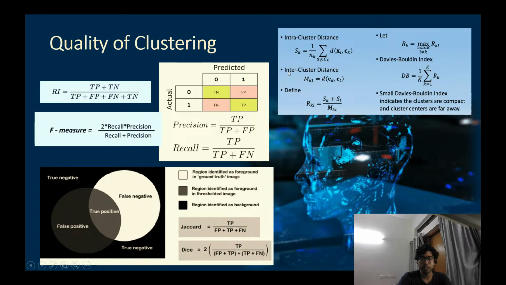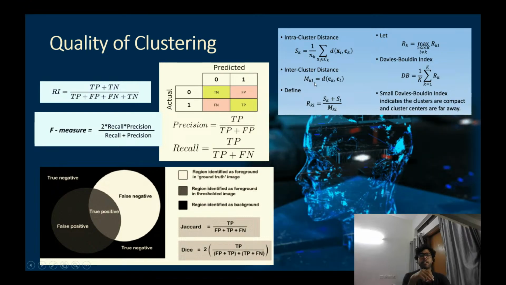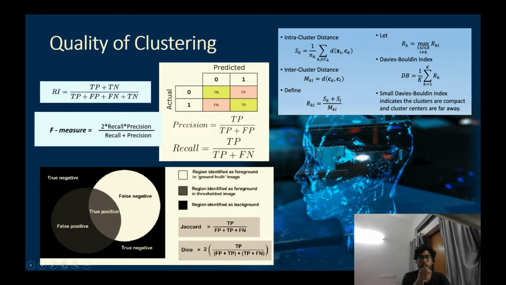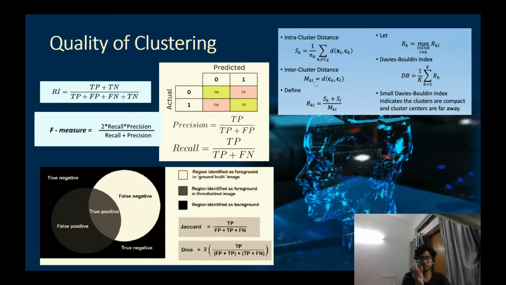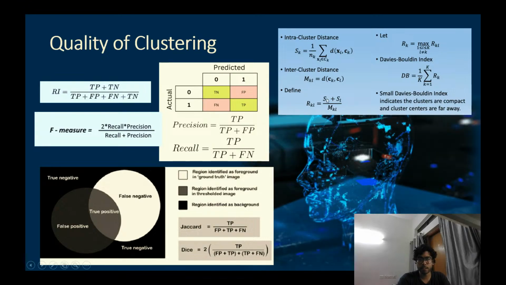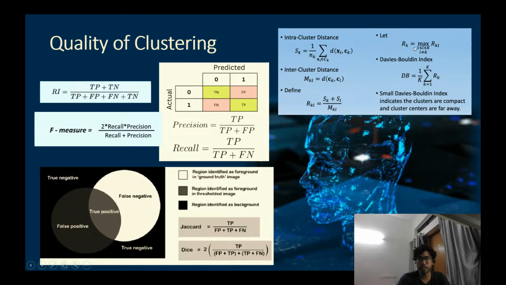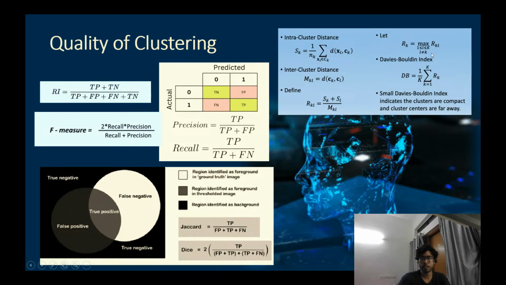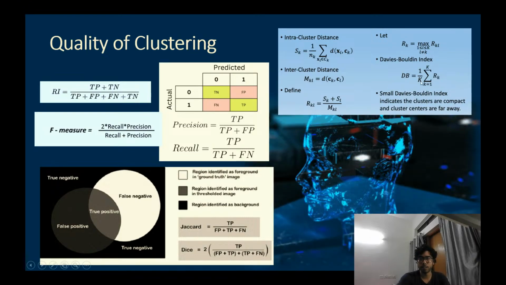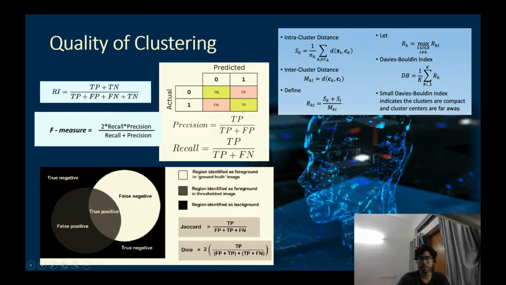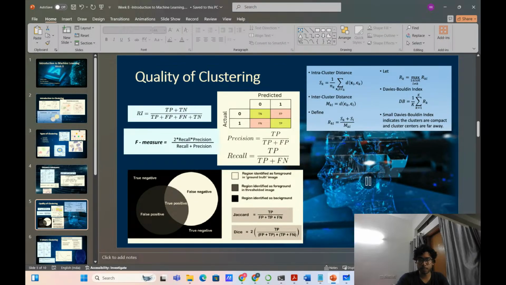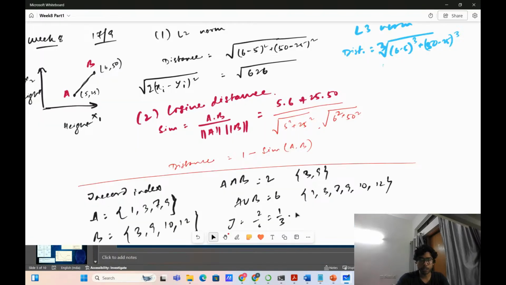And the intercluster distance is the distance between any two clusters. Now you define RKL, which is SK plus SL divided by MKL. Then you define RK as the max of RKL, and your DB will be 1 by K summation of RK.